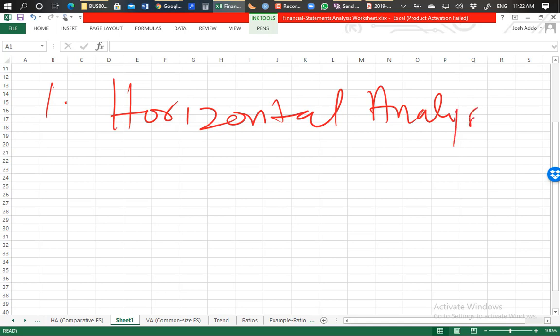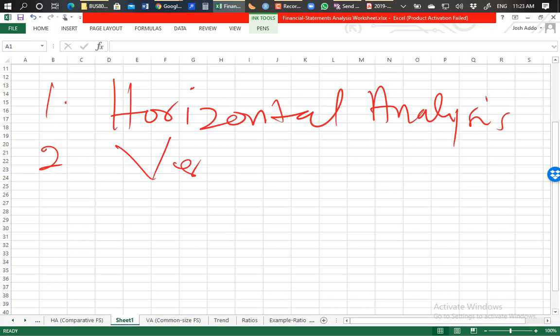So we'll take the Guinness Ghana or maybe just any financial statement which will fit what we want to understand, like Ghana's income statement or financial statement. Then we will know what horizontal analysis is. We will apply it on a financial statement and see how it is done, and the kind of further information that it gives us to aid our decision making. We will also talk about what is referred to as vertical analysis.